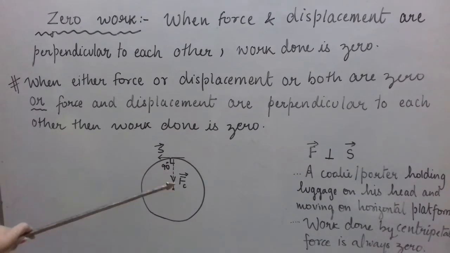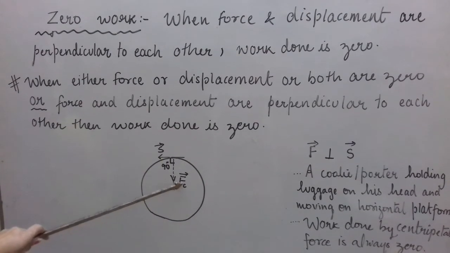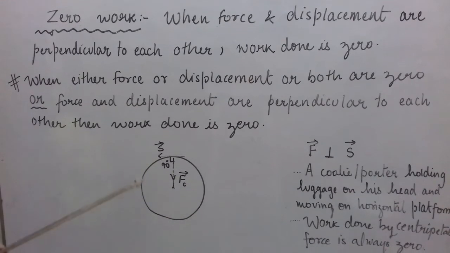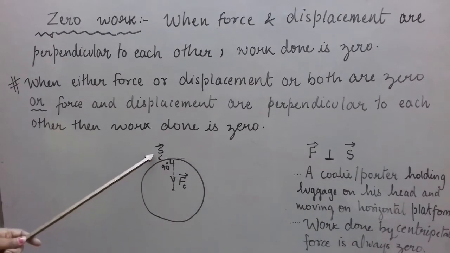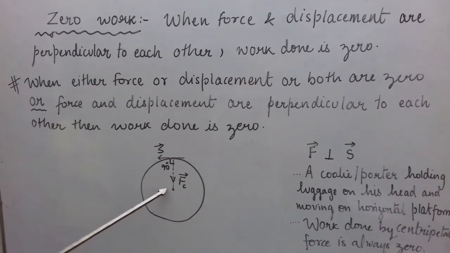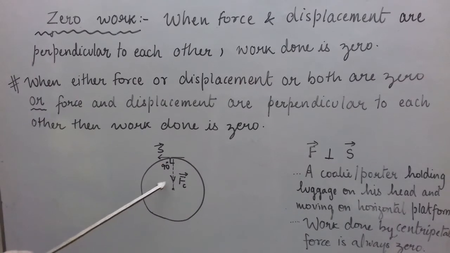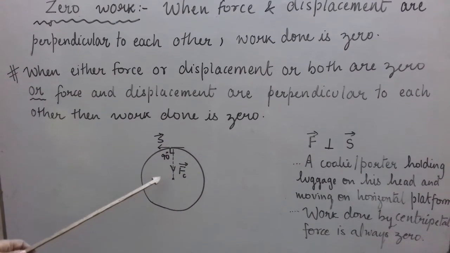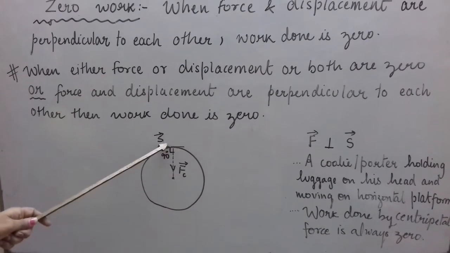So we can say work done by centripetal force Fc on the body which is in uniform circular motion is 0. We consider the motion of the moon around the earth as uniform circular motion, so in that case the centripetal force required is provided by the earth's gravitational pull on the moon.